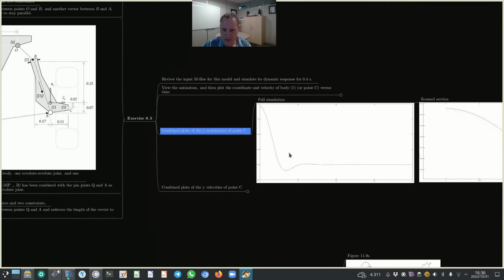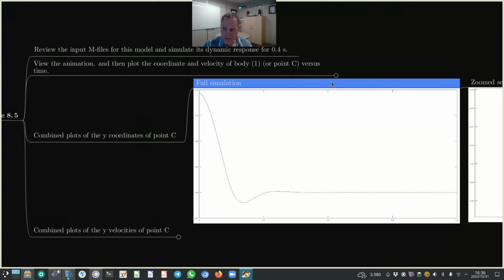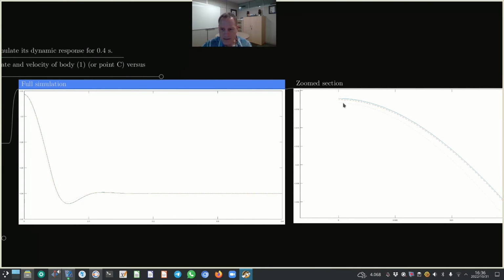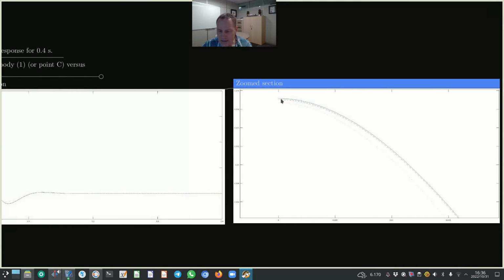You can't see much on the full simulation. But in the zoomed section, and I've just looked at this top section here, you can clearly see the blue line is of the complete multi-body system, all 3 bodies, all the mass properties, everything is there. The red dashed line is where we've replaced body 3, which weighs 0.5 kilograms, with a revolute translational joint.